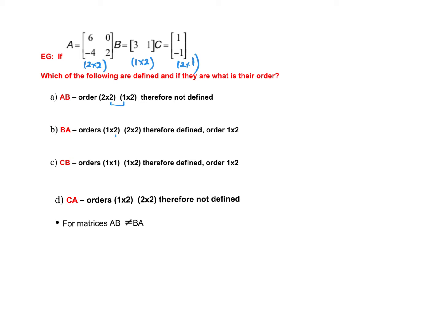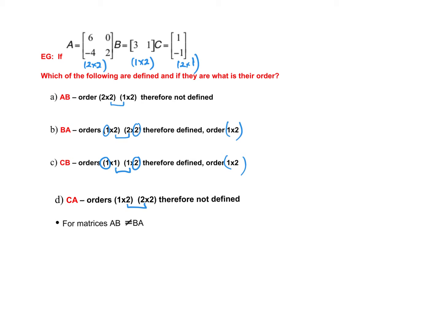B times A, in this case, is defined, and its answer will be a 1 by 2. That's where they're getting that from. When they did C times B, that is defined, and its answer will be a 1 by 2 because we're taking those outside 2. And then CA is also defined.